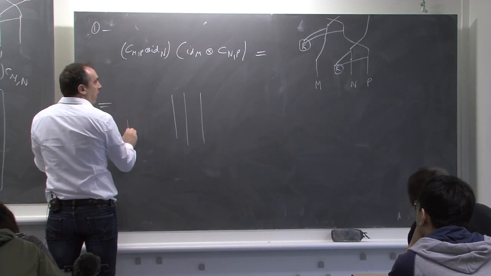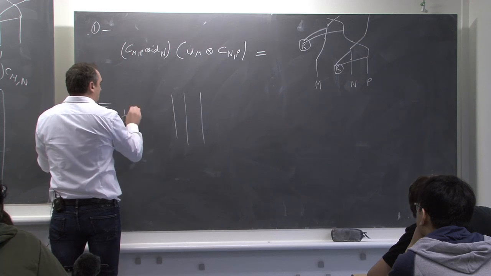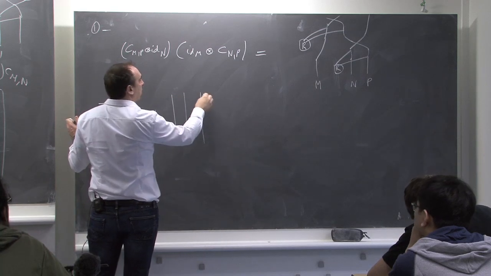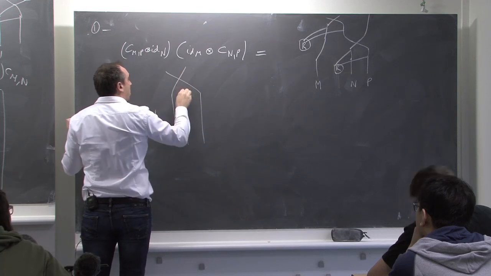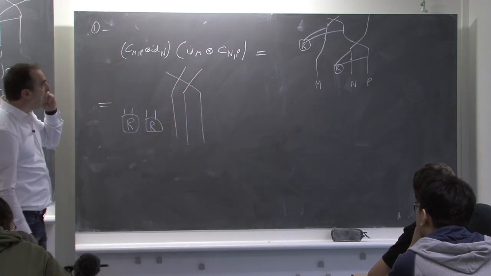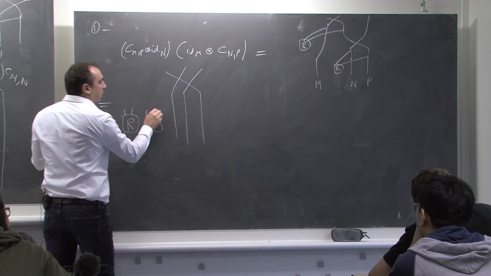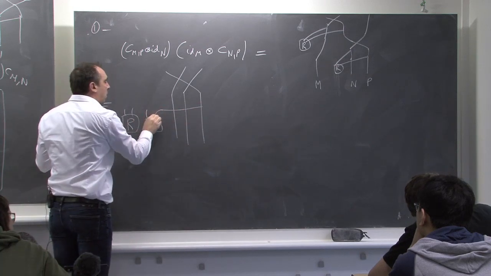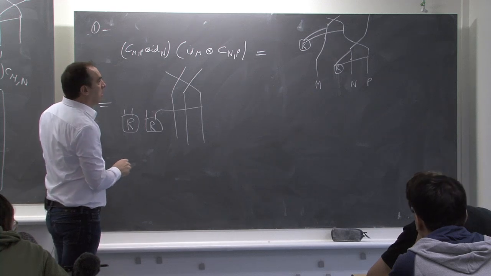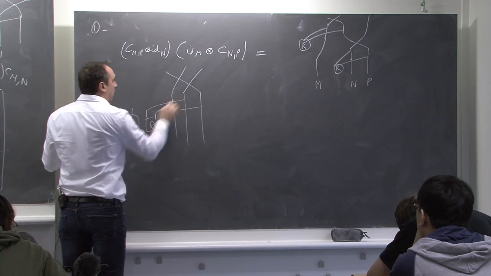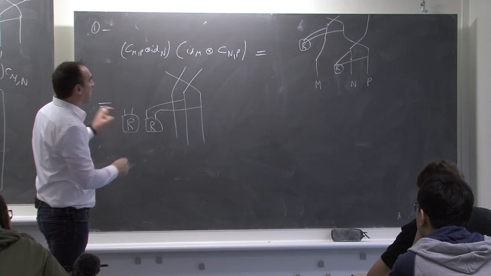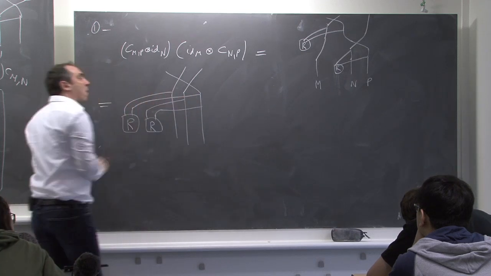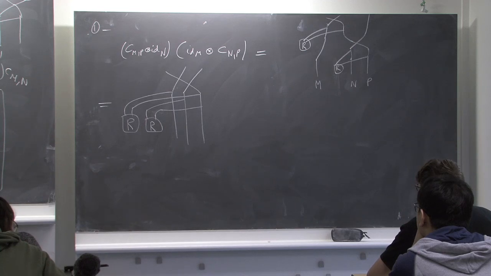I have twice R, and then I flip. So this one goes first here, this one goes here, this one goes here, and this one goes here.